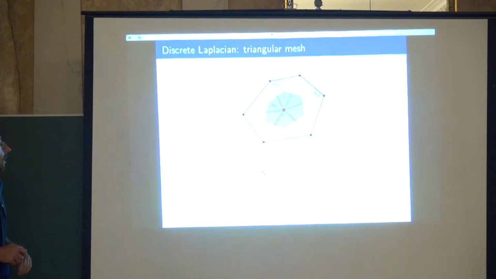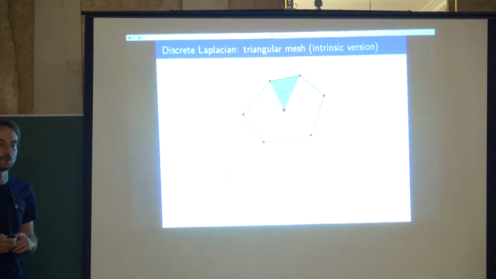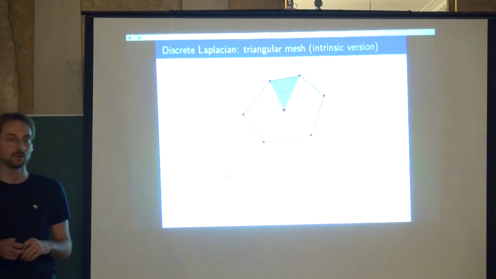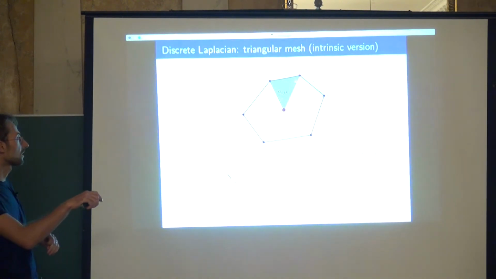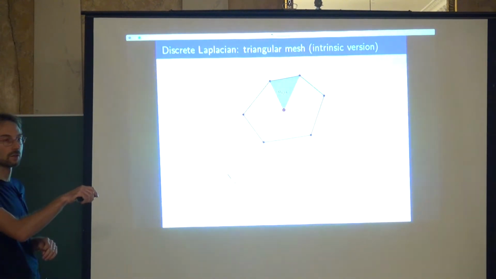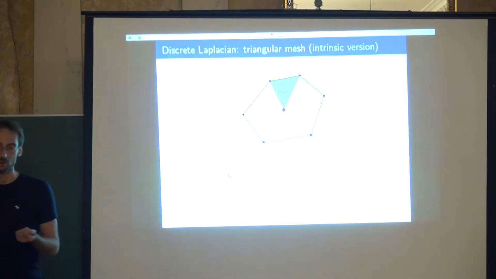Now, in order to convince yourself that this really is an intrinsic operator, you can also express the cotangent formula using the discrete metric. One of the ways of discretizing the metric is taking the edge lengths of your mesh. That's the discrete version of the Riemannian metric.